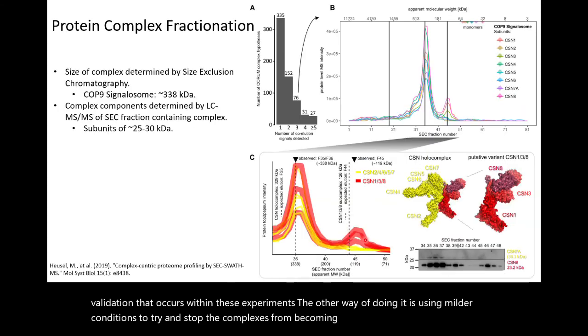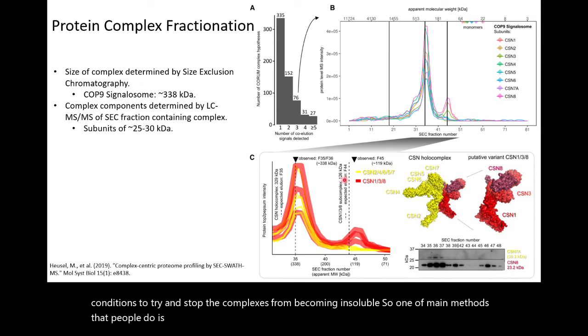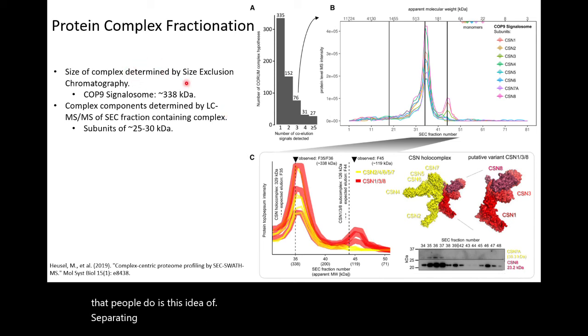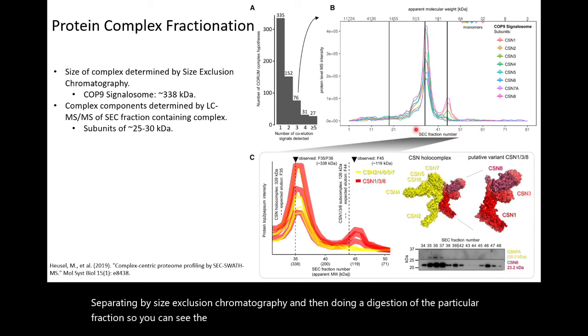So one of the main methods that people use is separating by size exclusion chromatography and then doing a digestion of the particular fraction. You can see the number across the bottom here is the fraction number of the separation by size, and the molecular weight of the fraction is up the top here.